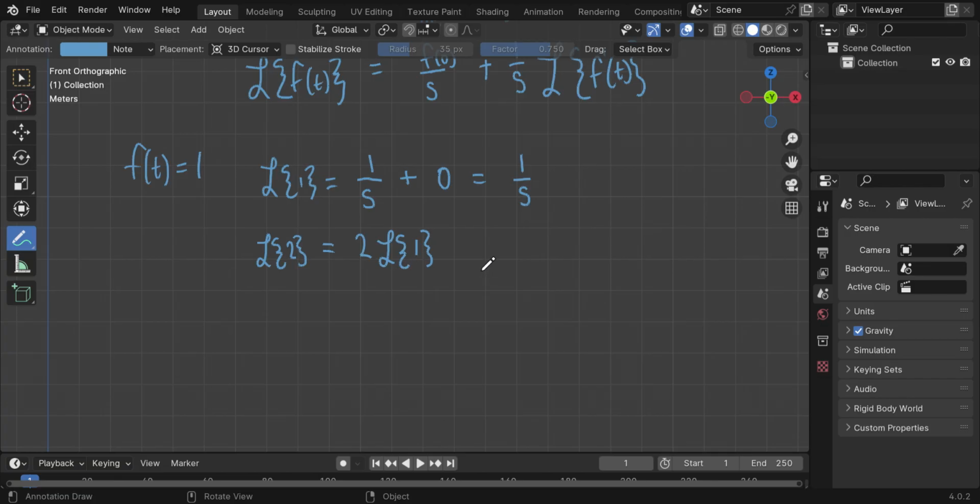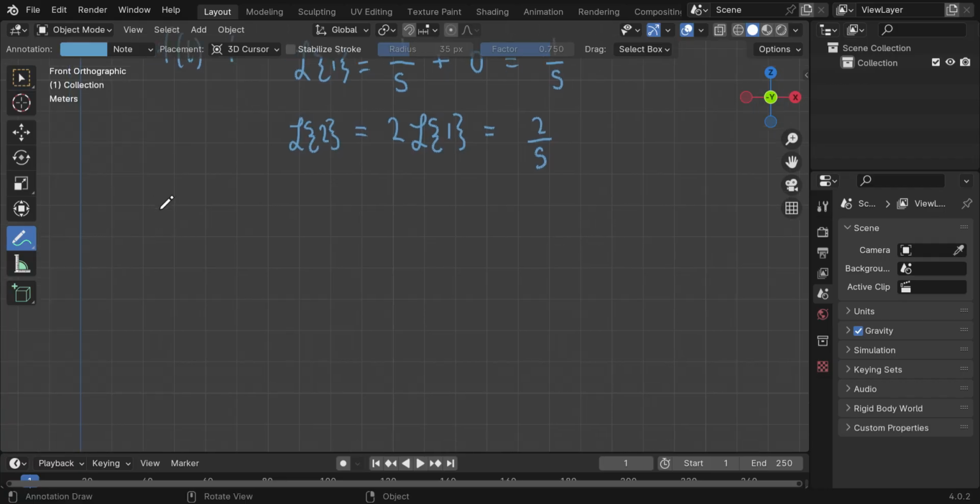It follows the same rules as taking derivatives or integrating. You can always factor out a constant. So that just leaves 2 times the Laplace of 1, which is 2 over s. So any constant is just that constant over s.